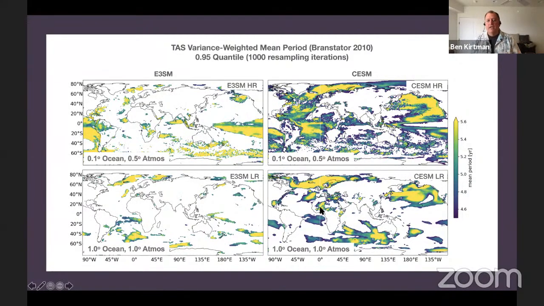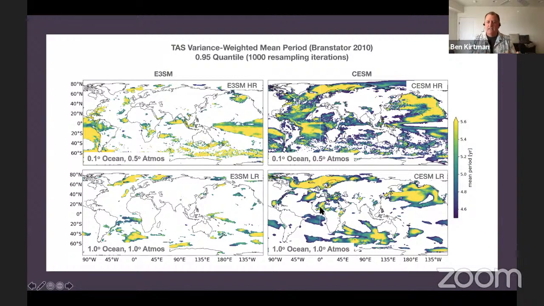We've done this with E3SM at both high resolution and low resolution, and CESM. You can see that you're getting a fair amount of increase in the extratropical lower frequency variability in CESM compared to E3SM, and a bigger bounce with CESM than E3SM.